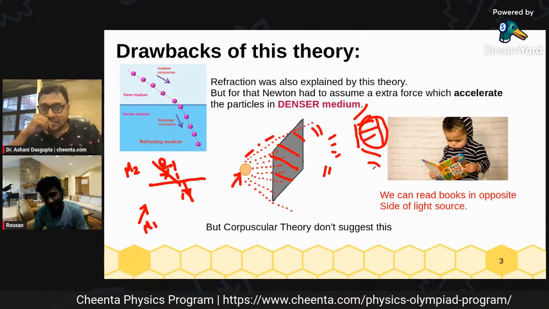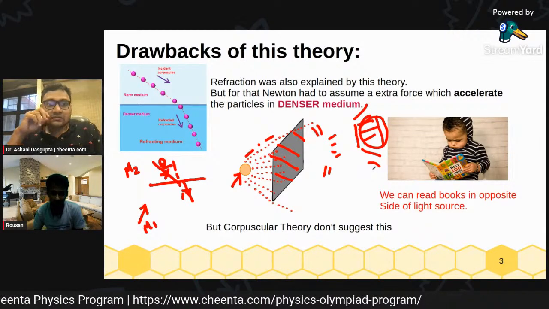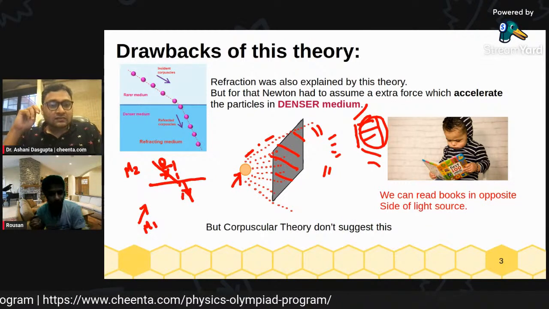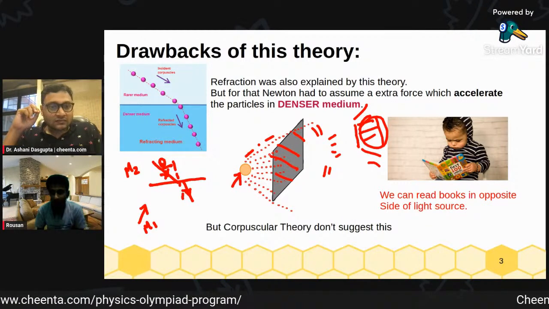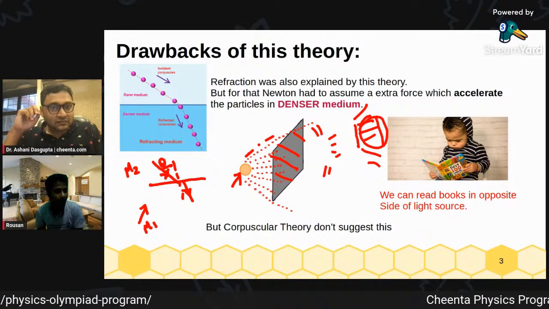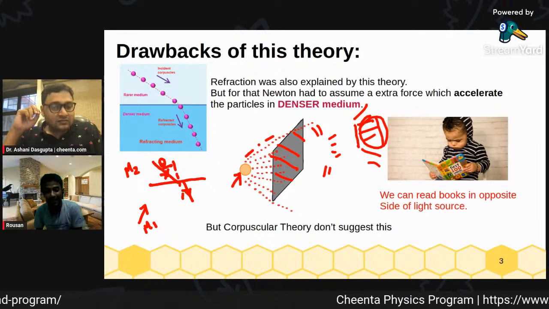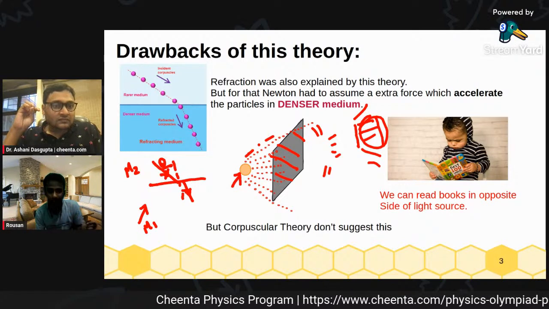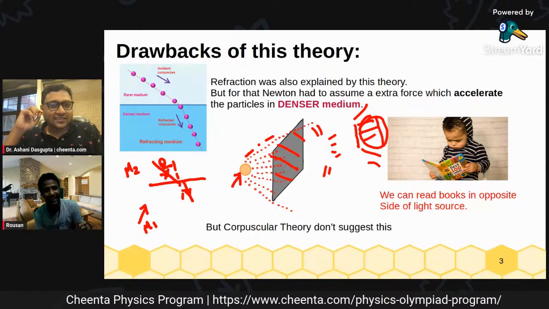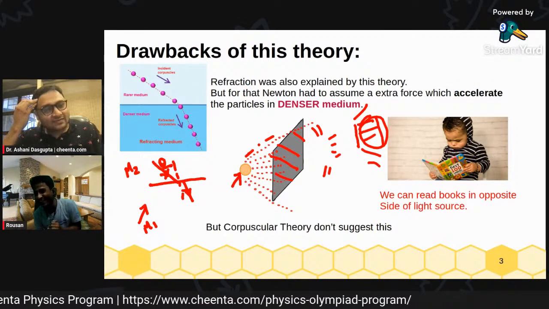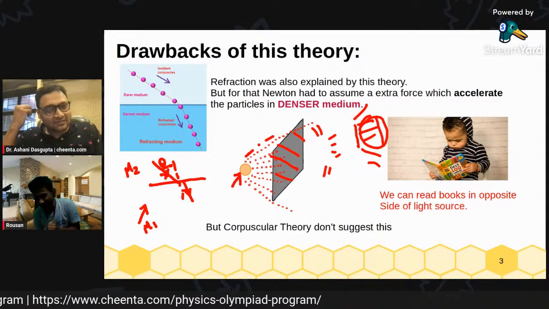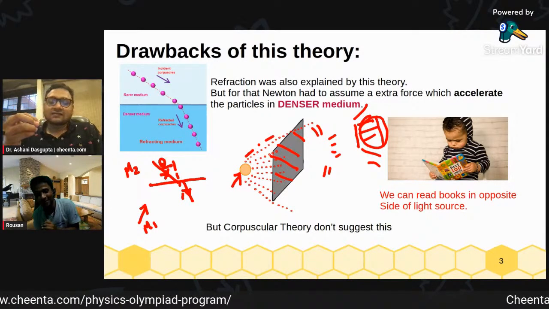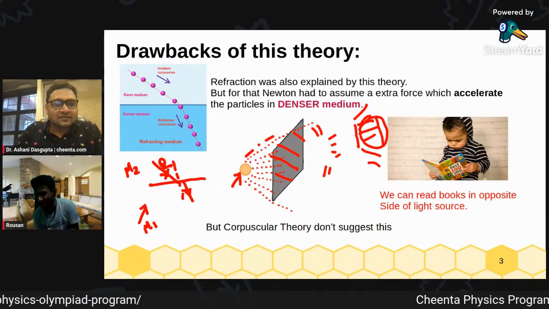But there is a little bit of a problem with this, and the people of that era actually pointed out these problems. But Newton was saying something, so how can it be wrong? There was this type of thinking, and in the world of science this should not be the case. Always think rationally.